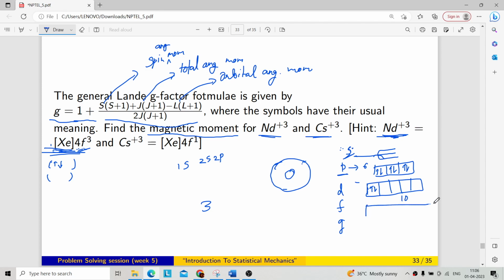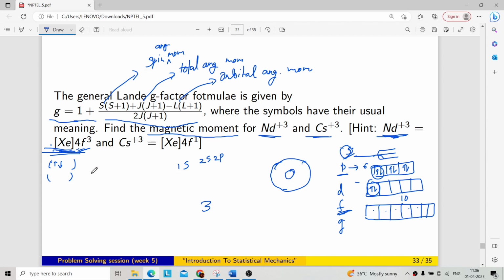Similarly for f we have 7 suborbitals. So we have 1, 2, 3, 4, 5, 6, 7 suborbitals for the f orbital.